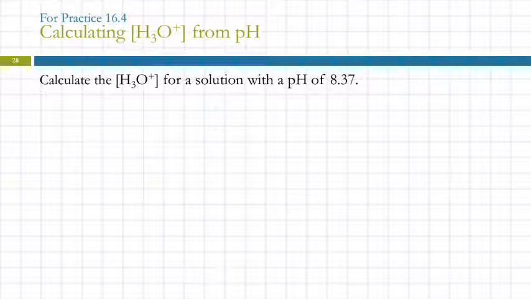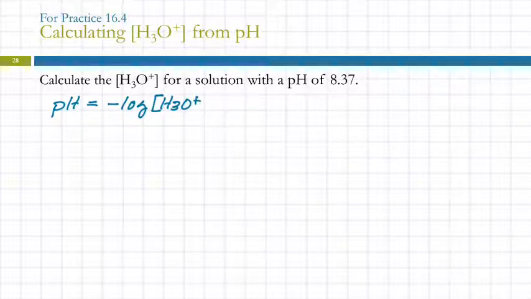Okay, what if we have a pH and we want the hydronium ion concentration? Well, the equation that we know is that the pH is equal to the negative log of the hydronium ion concentration. We want hydronium ion concentration.